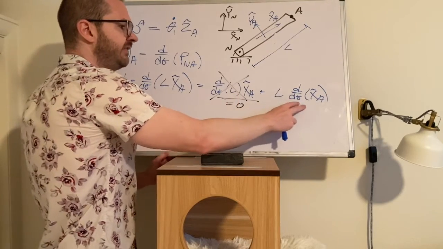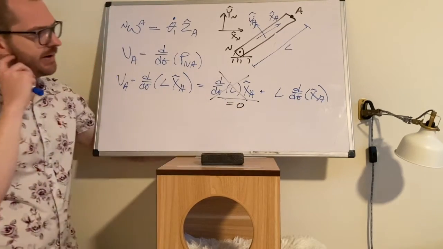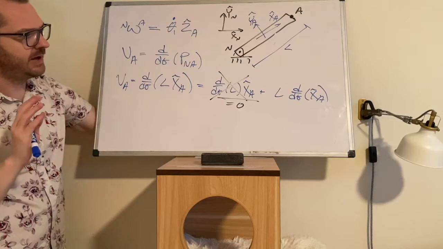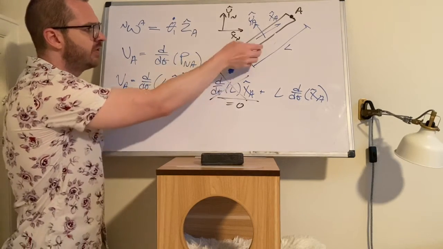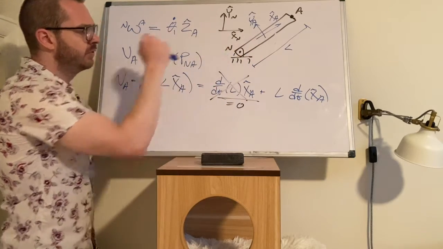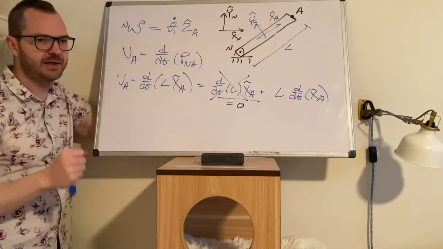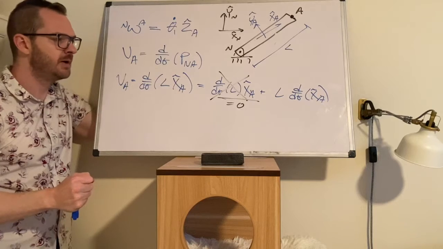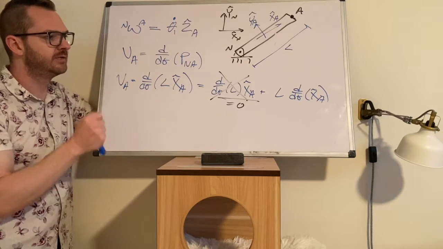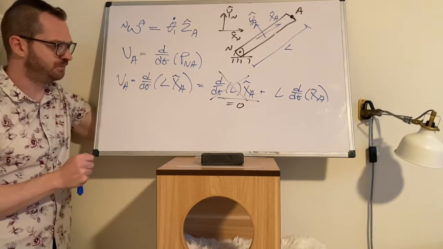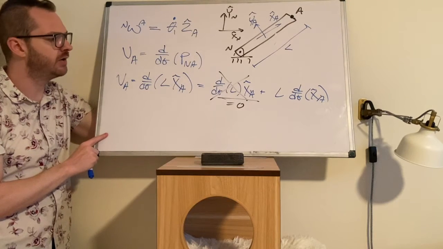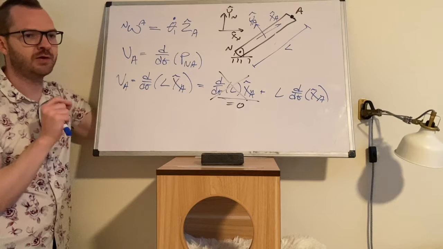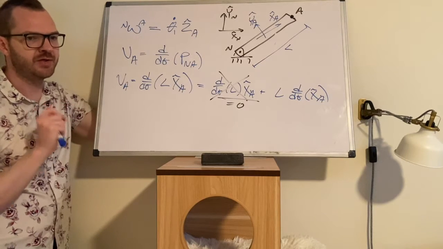Next, L d/dt of x hat a. We know that x hat a is a direction. We know that it's a body attached direction. We know that when the pendulum moves, x hat a moves. So x hat a itself is moving, but what does it really mean to do d/dt of x hat a? In this video, we're going to do it the long way, and I'm going to show you that this works.